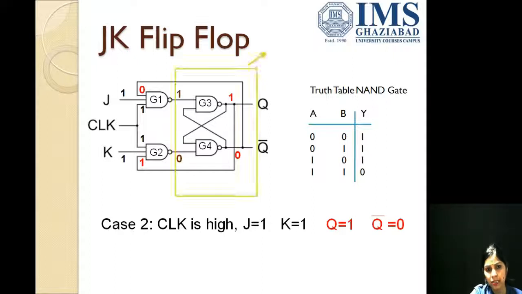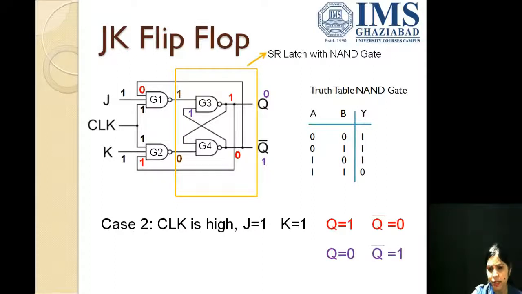Now this SR latch with NAND gate has two NAND gates G3 and G4. The output from G4 would be 1, because if any of the inputs for a NAND gate is 0, the output is 1. We know this. And when this one goes as an input to G3 NAND gate, the inputs for G3 would be 1 and 1, leading to the output for Q as 0. So we can see that Q is 0 and Q bar is 1.